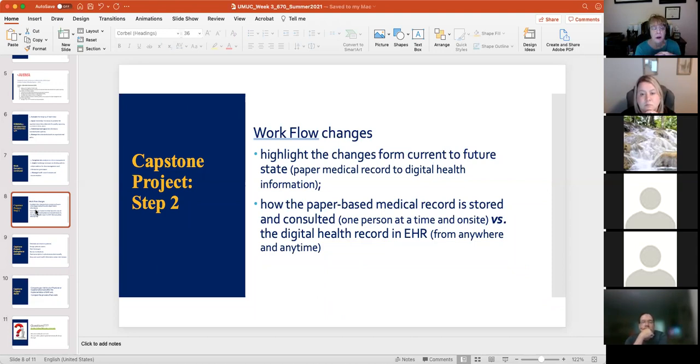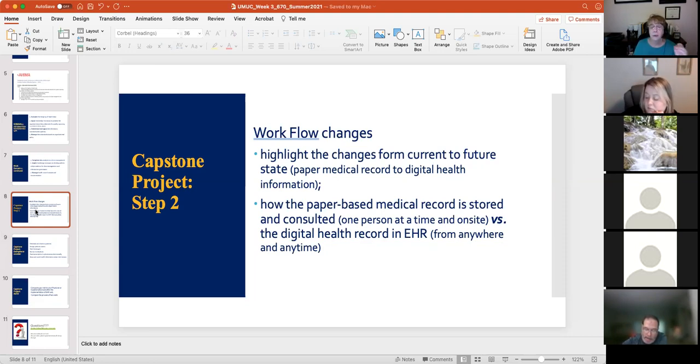Remember that health informatics and information management professionals are in charge of collecting data and storing data. So this is number 2, which is talking about how you are going to store it and protect it, because that is your job.